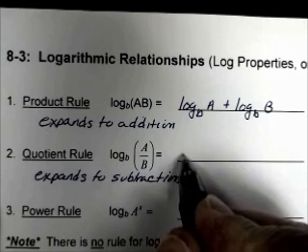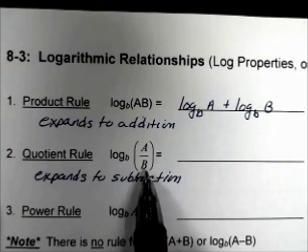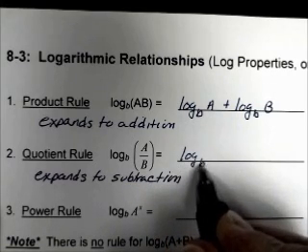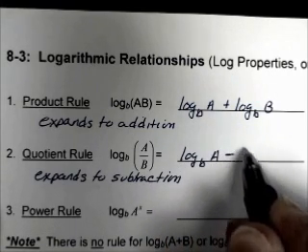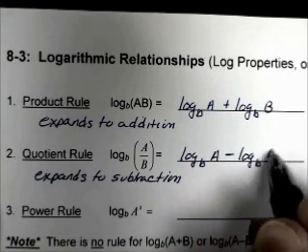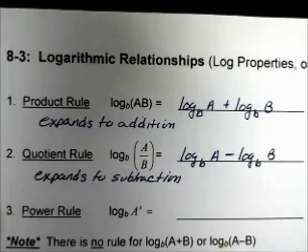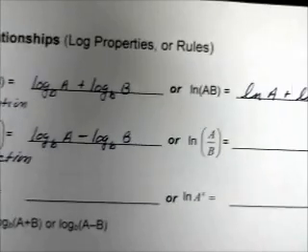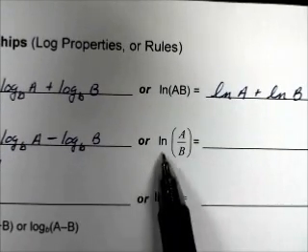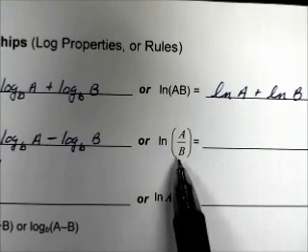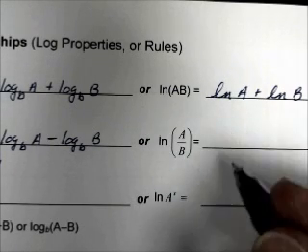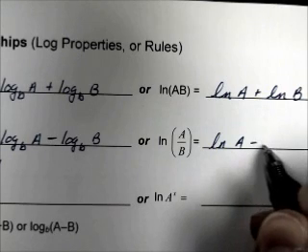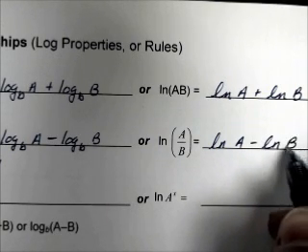So we would have log base b of a divided by b is going to equal log base b of a subtract log base b of b. Or if it was in the form of the natural log ln, ln of a divided by b, this quotient would expand to ln of a subtract ln of b.